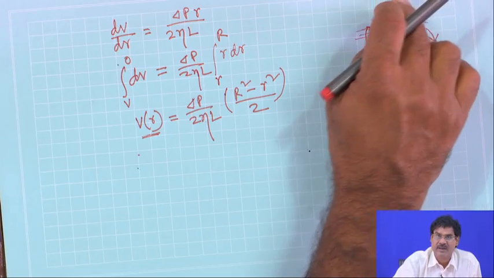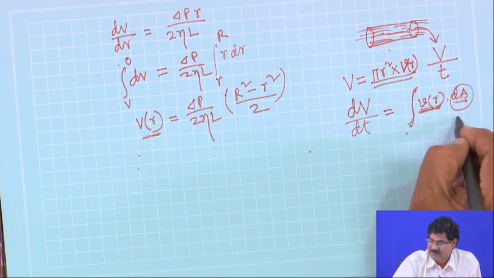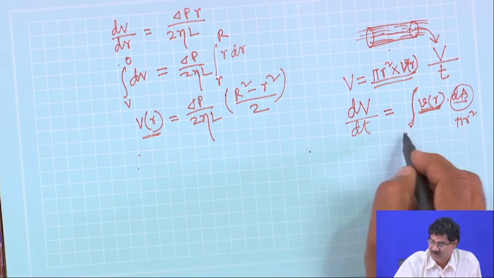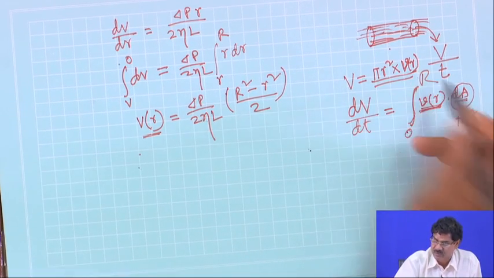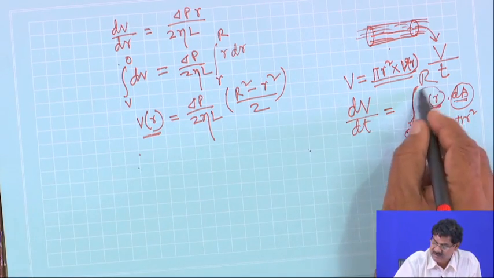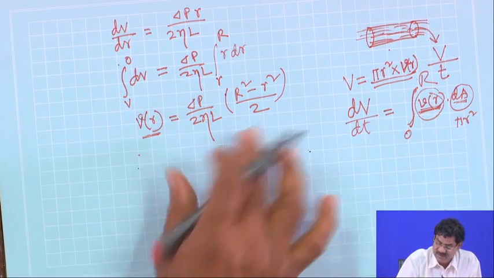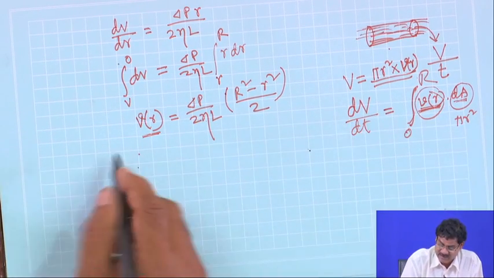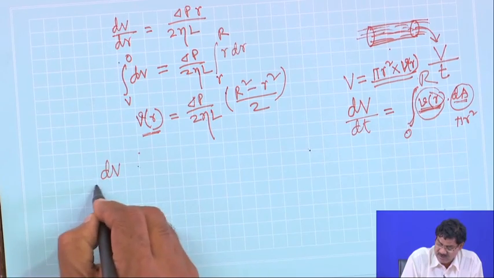over this whole area. This A is basically pi r square. So, over r from 0 to R I have to integrate. If you integrate, this V r is the expression from here. I am not doing it, you can do it.